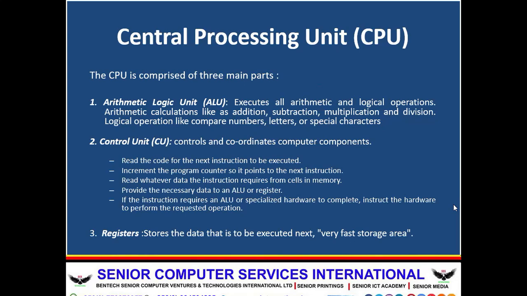It provides the necessary data to the arithmetic logic unit or register. And if the instruction requires an arithmetic logic unit or specialized hardware to complete, it instructs the hardware to perform the required operation. So you can see that the control unit also coordinates with the arithmetic logic unit for it to perform well.